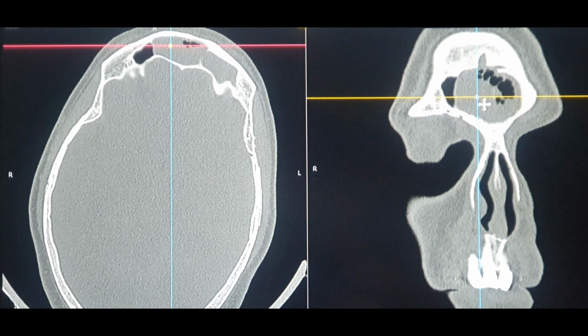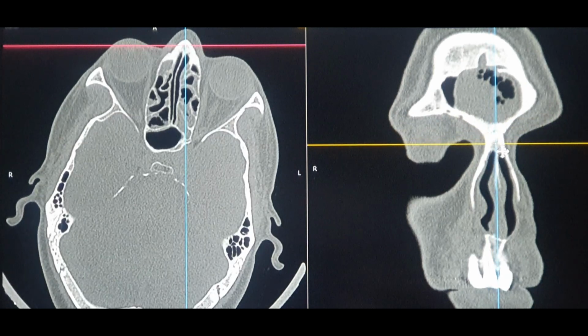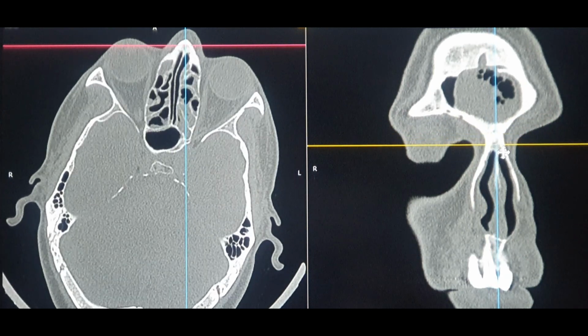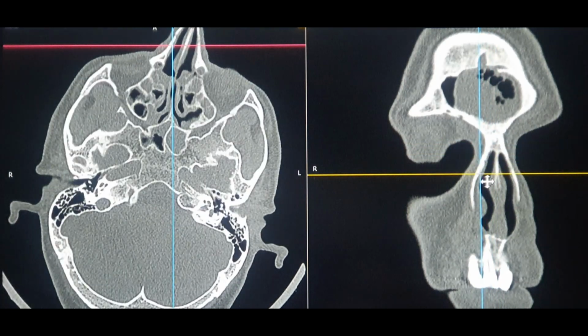If I keep the cursor over here on the nasal beak, that's the frontal beak actually, and that's the frontonasal process of the maxilla. At the same time we can see on the axial section, this is the frontonasal process of the maxilla and not the nasal bone, because the nasal bone is not that long.